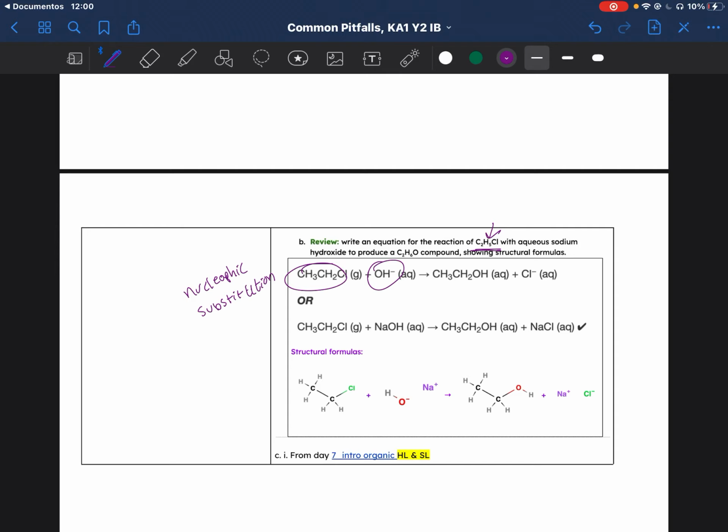Chlorine in the homework, you had bromine in your test, and NaOH, or you could have just done OH minus. Notice that we're showing structural formulas here. You could have shown condensed structural or full structural, showing either the ions or the complete reactants.